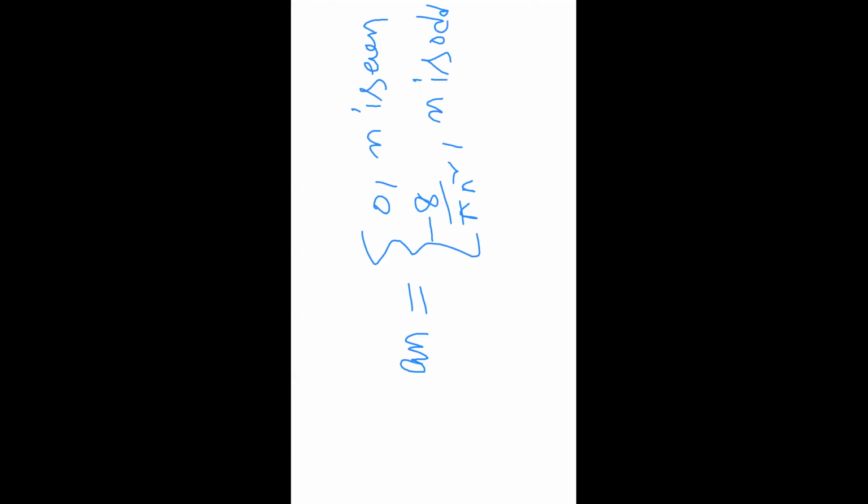Similarly, we have to find out the value of Bn. So the formula of Bn is Bn equal to 1 by L, 1 by pi, integral minus pi to pi, f of x. So f of x equal to x minus x square into sin nx.